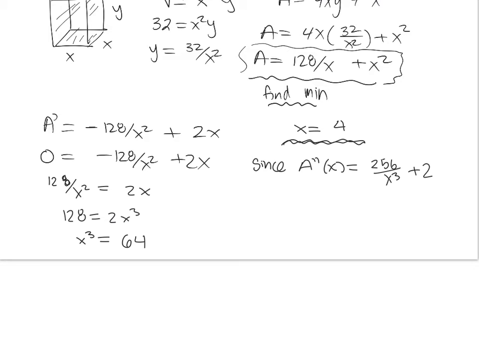That's not very hard to do. And if you plug in 4, is the result positive or negative? So A is concave up, and in your head picture a concave up curve. That means you have a min. Thus min.